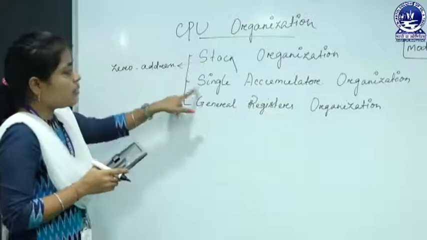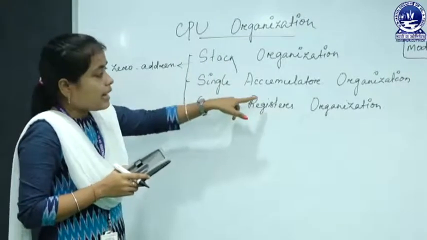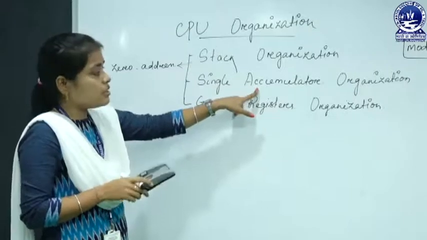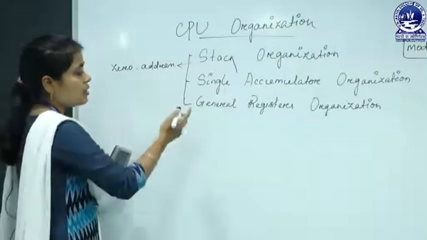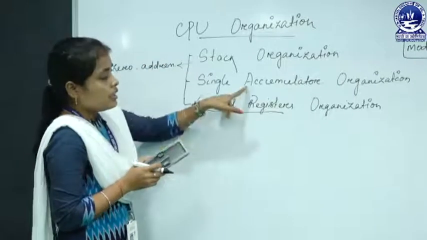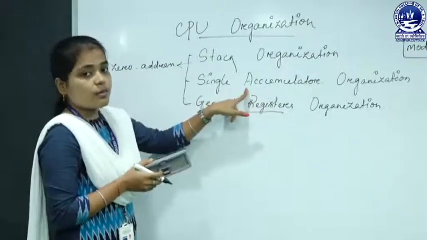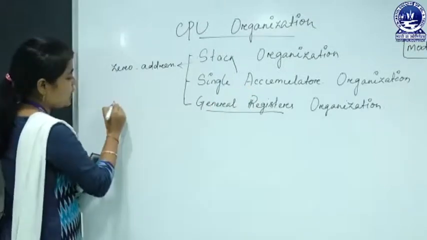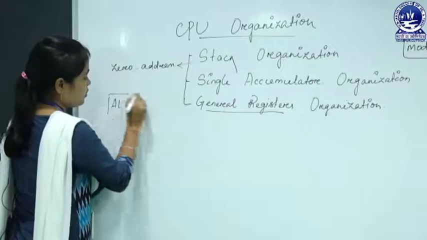And when we talk about single accumulator, accumulator is one type of special processor register. It is not equal to a general purpose register, but it is a register used by the processor, and this accumulator is basically attached with the ALU.